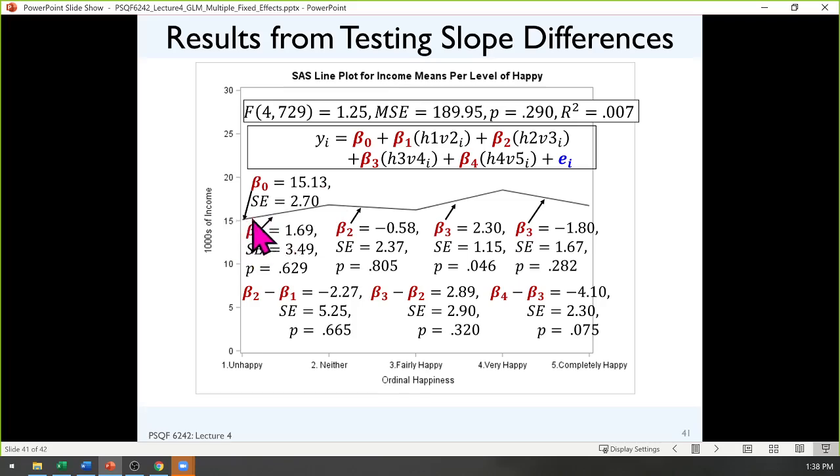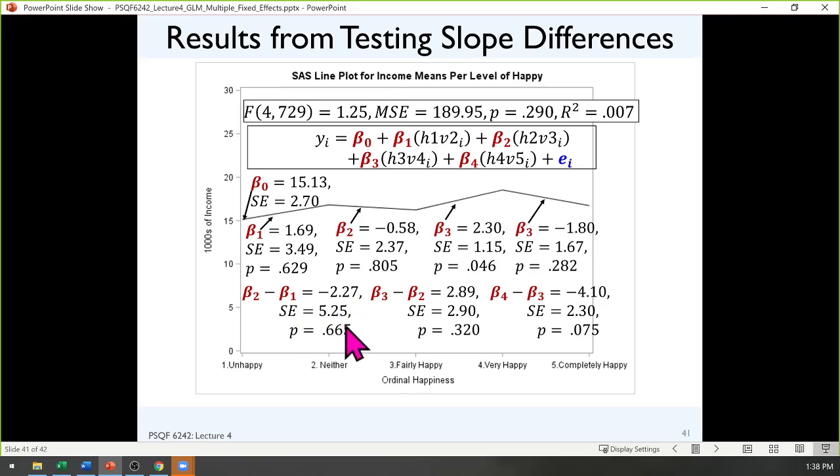Beta 1 is the slope of this little line going from unhappy to neither happy nor unhappy. That difference from 1 to 2 in my ordinal scale is 1.69, not significant. Going from neither to fairly, also not significant. Going from fairly to very, oh, that's marginal. And then going from very to completely, also not significant.